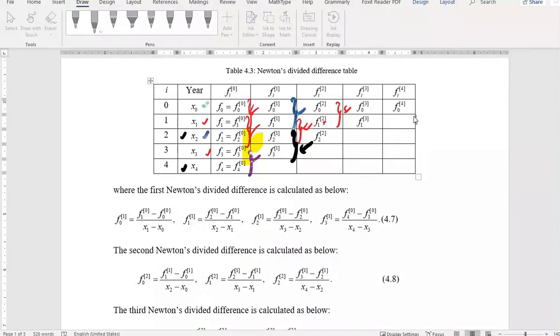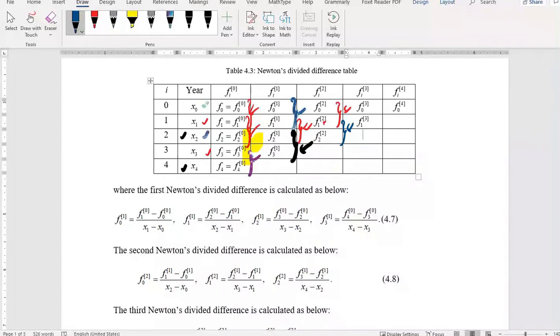So when you have F13, you take out these two. So it will be F22 minus F12 divided by the total you add up, which is 4. It will be x4 minus x1. You add up these two here.